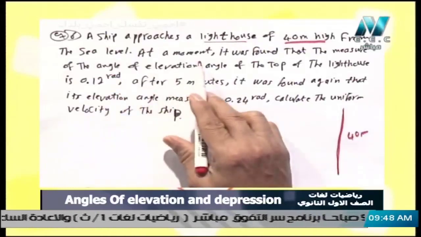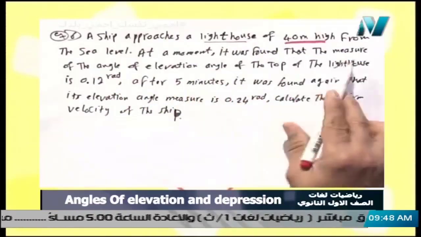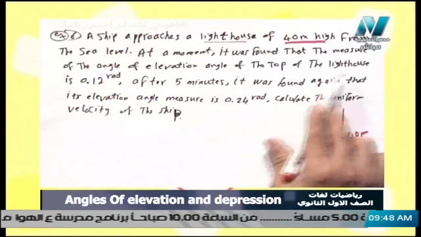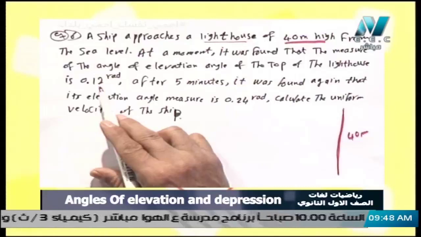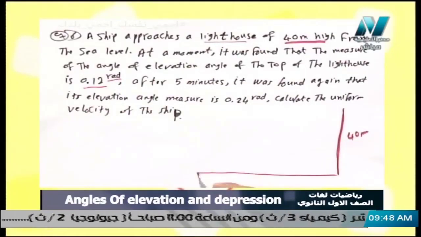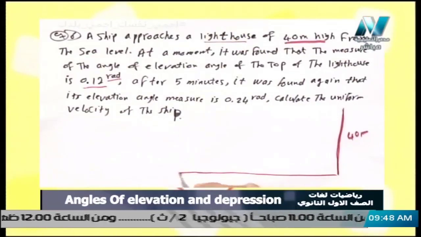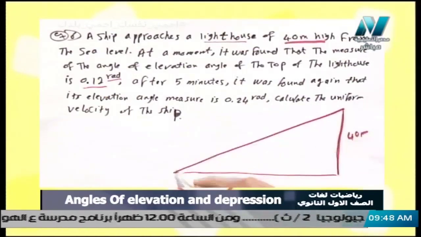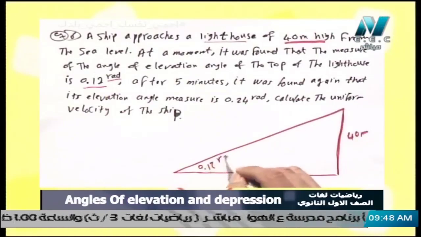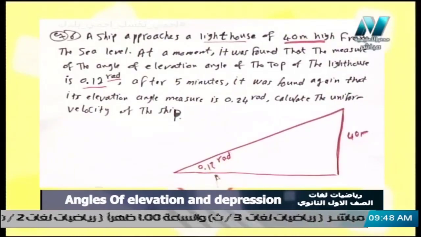At a moment, it was found that the measure of the angle of elevation of the top of the lighthouse is 0.12 rad, not degree. Okay.